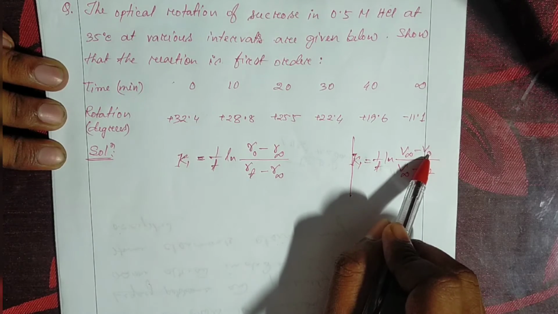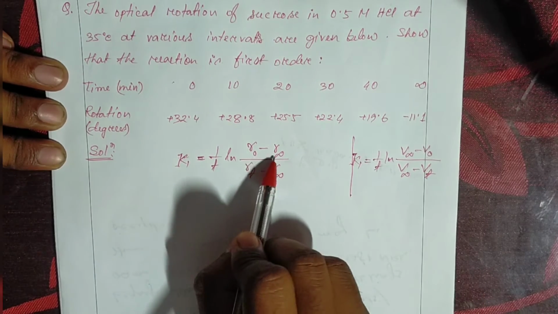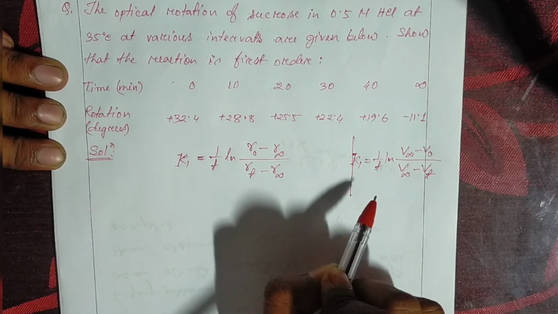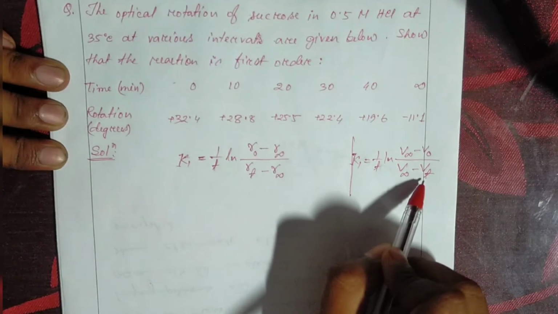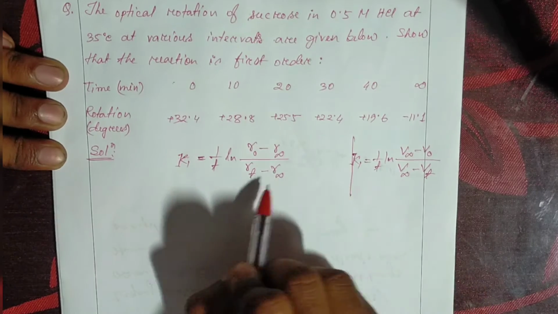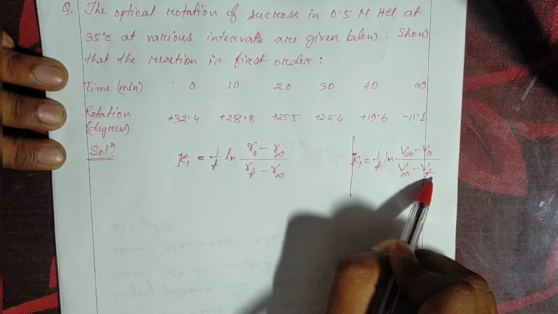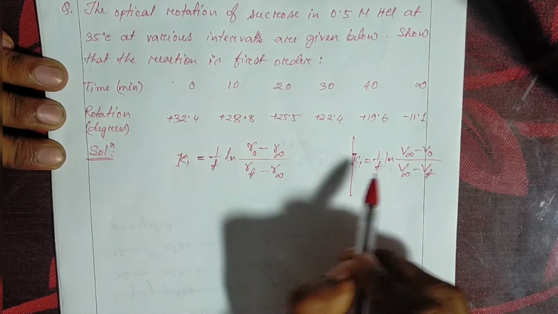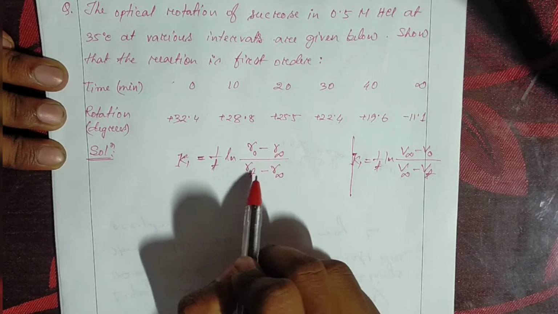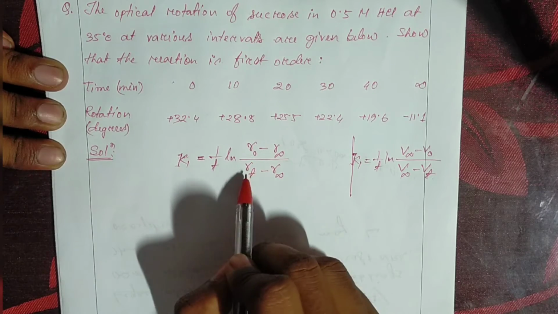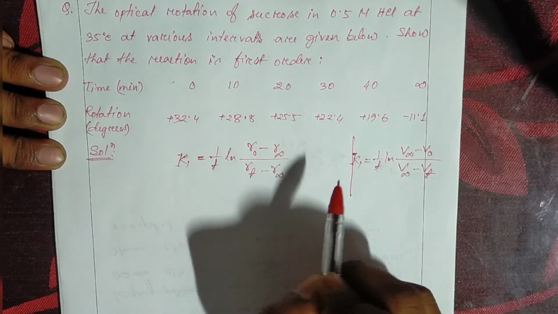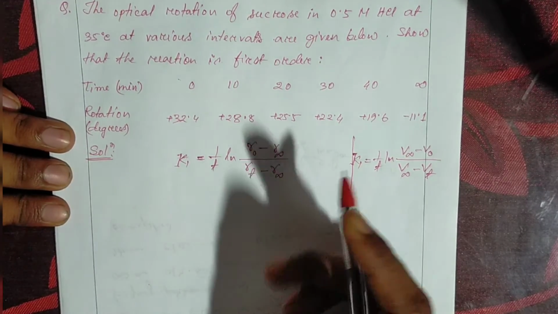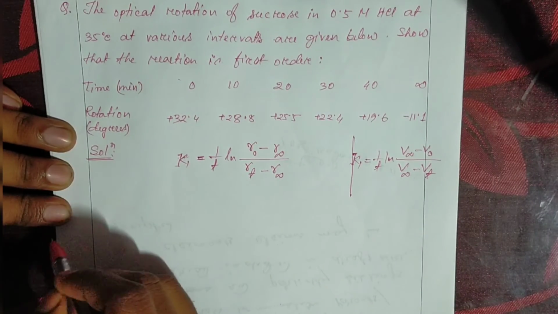V0 is here, V∞ is here; you can see that R0 is here and R∞ is here, and this is also inverted. So these two equations are almost similar, but the positions of infinity, naught and t are opposite to each other. So you can memorize this equation like this.